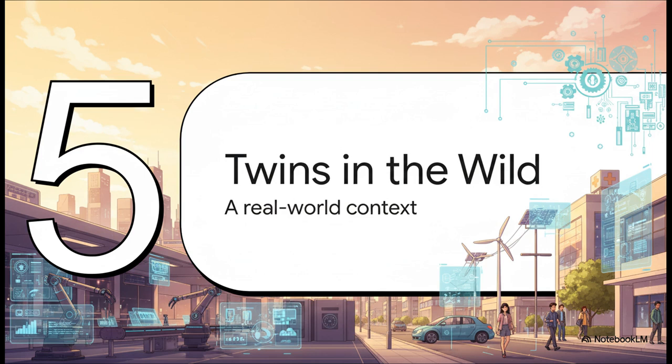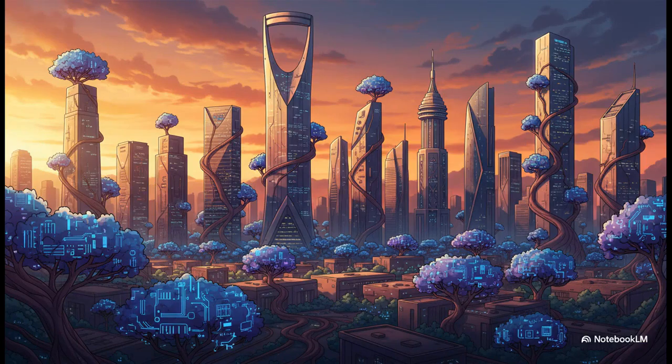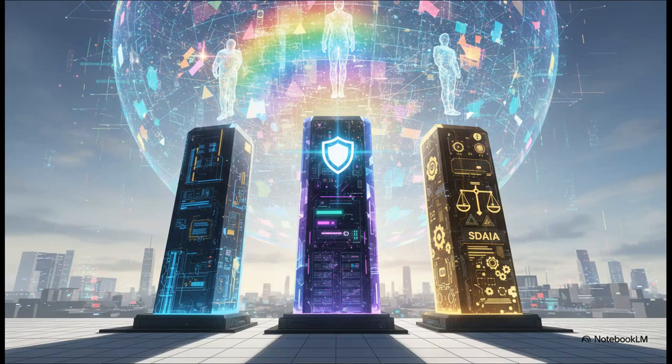Okay, this all sounds incredible in theory, right? But where can a complex system like this actually take root and thrive? Let's take a look at how this plays out in a real-world context. As it turns out, the public sector in Saudi Arabia is providing this uniquely fertile ground for the technology to grow. See, to build really powerful digital twins, you need a coherent ecosystem. You need shared standards, secure infrastructure, and strong governance, all working together. And that's exactly what's being built there.